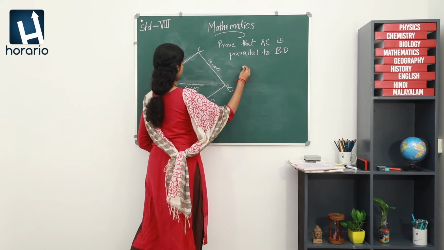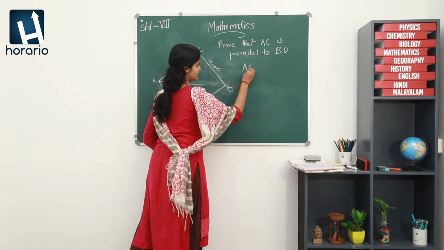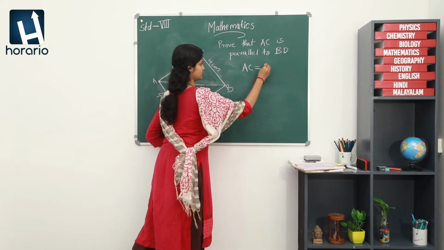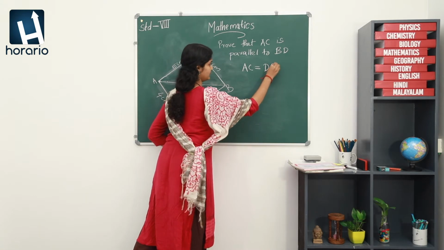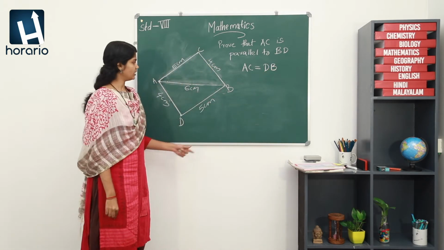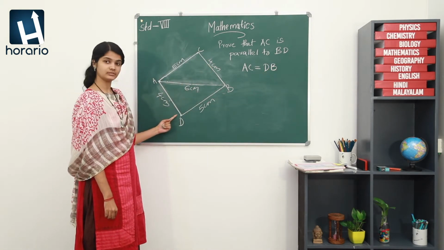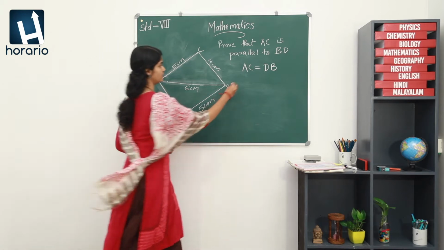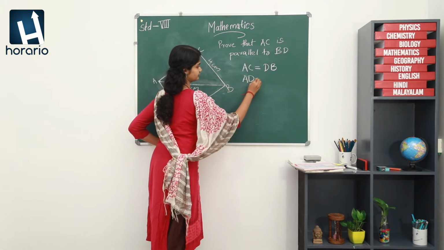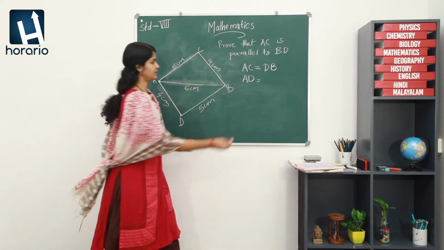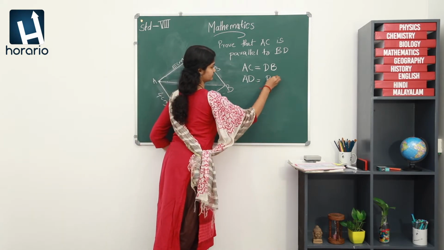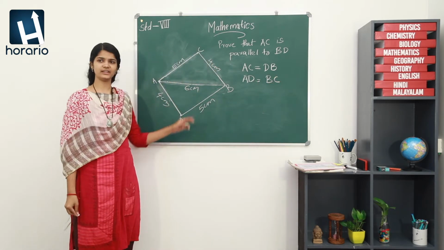So, we can write side AC is equal to side DB, right? Now, what about AD? Yes, AD is equal to BC.